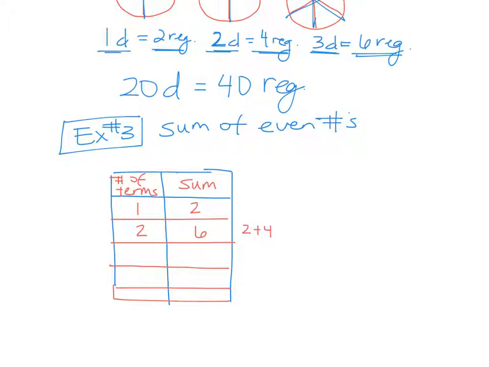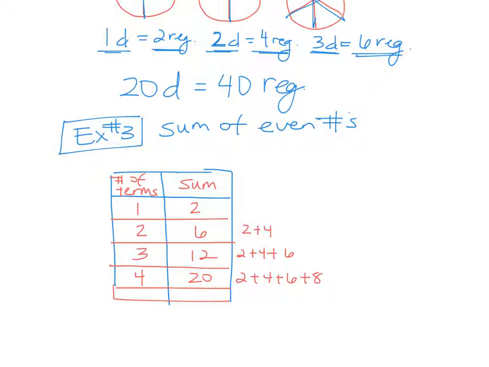If I had the first 3 even numbers, 2 plus 4 plus 6, you would get 12. If I had 4 even numbers, 2 plus 4 plus 6 plus 8, I would get 20.